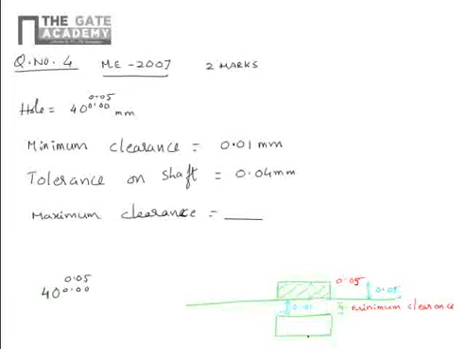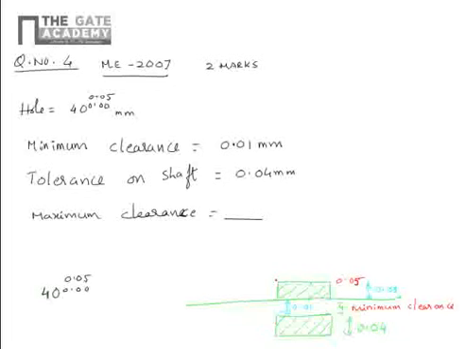And what about the tolerance of the shaft? He has given tolerance of the shaft as 0.04. That means this value is 0.04, tolerance of shaft. So he is asking maximum clearance.